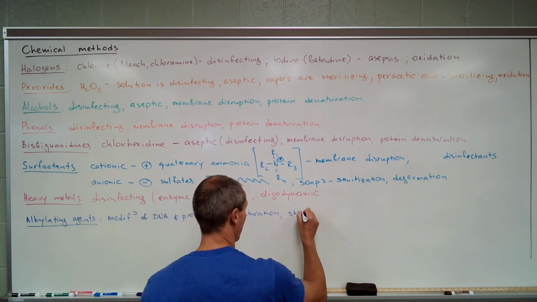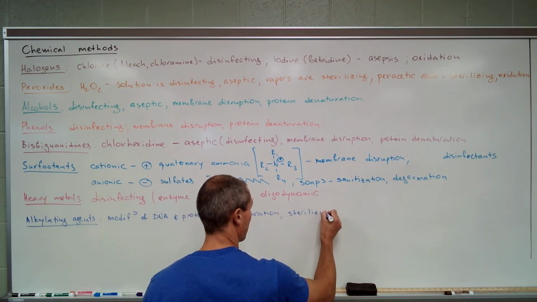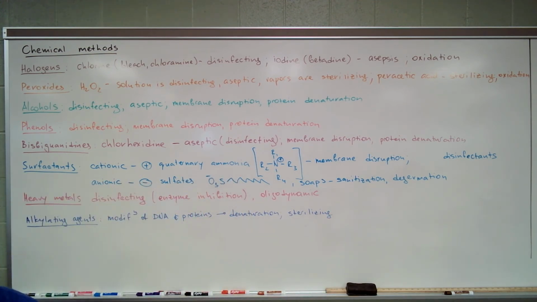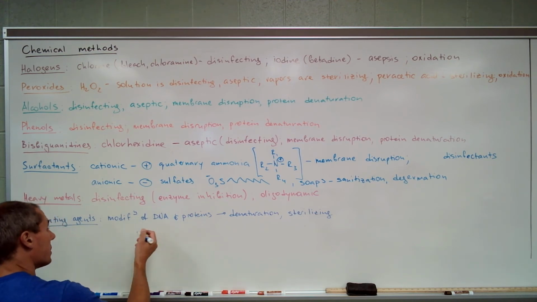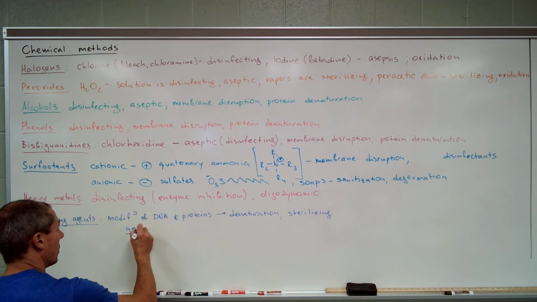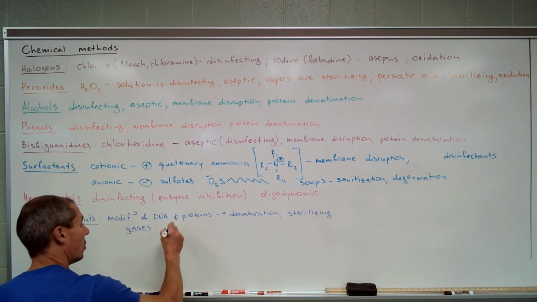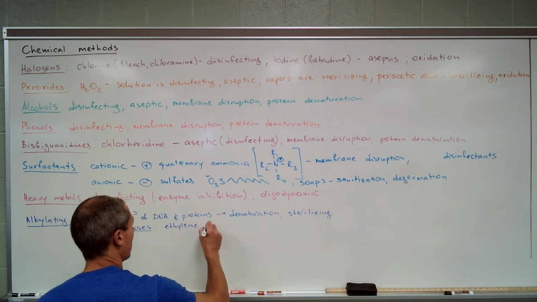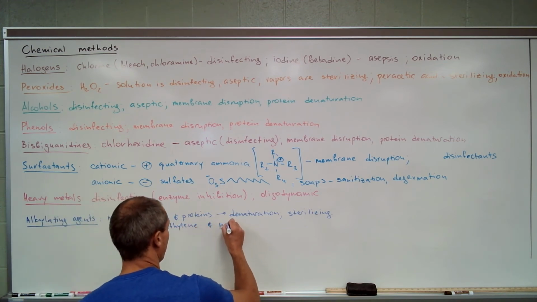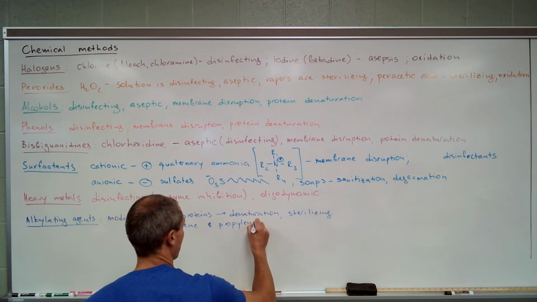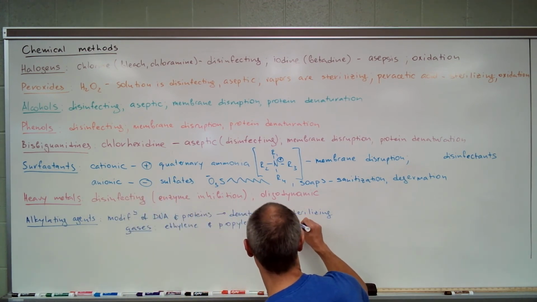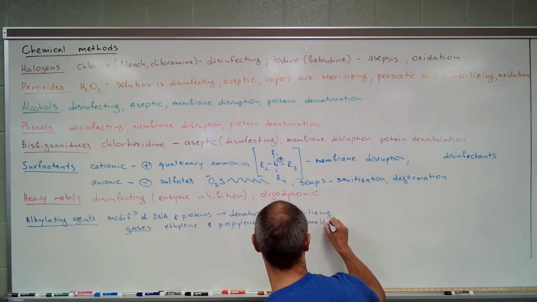And that makes them, again, if used properly, sterilizing agents. Are we clear so far? Okay. So two groups that you need to know the separations of: gases, which are ethylene and propylene oxide, and formaldehyde.